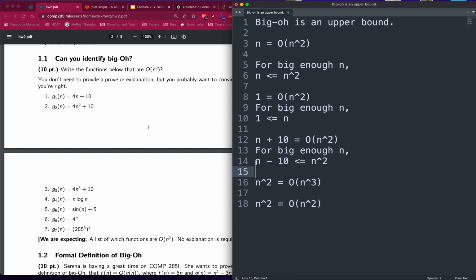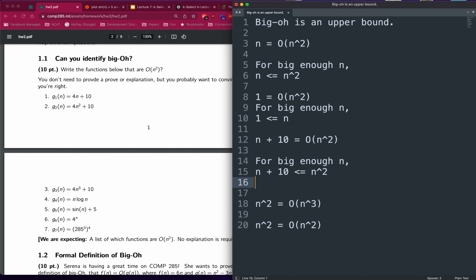For the first few values, this is actually going to be much bigger than n squared, right? So for n equals 1, this is 11, and 11 is actually bigger than n squared, which is 1. So it does matter that we're looking at big enough n. Essentially it's saying that once n gets big enough, n squared is going to be much bigger.